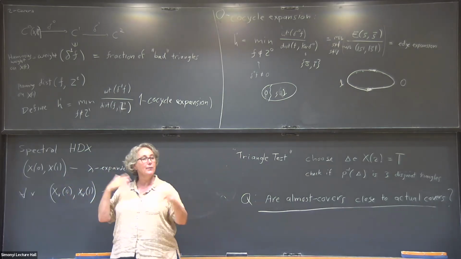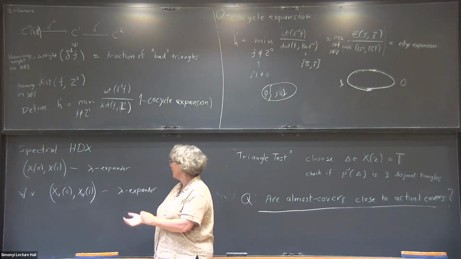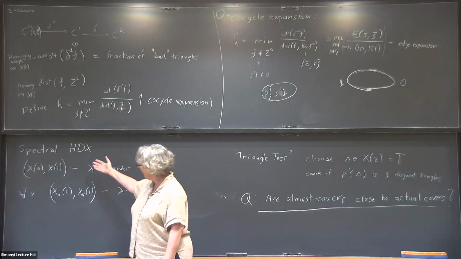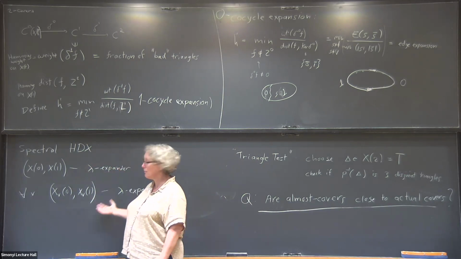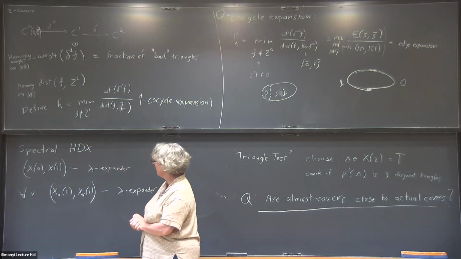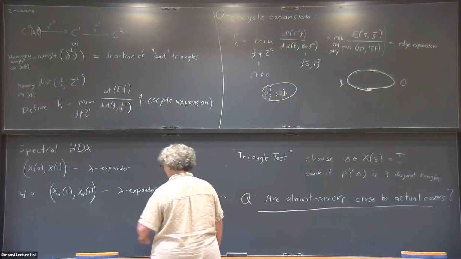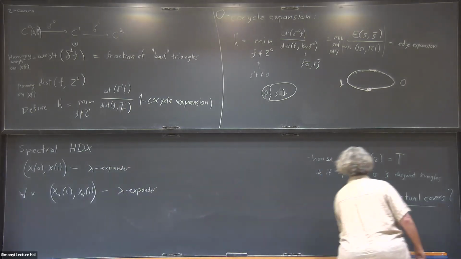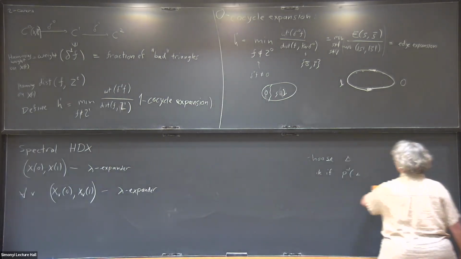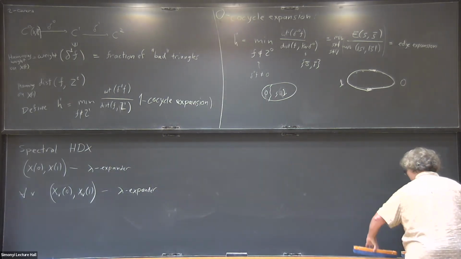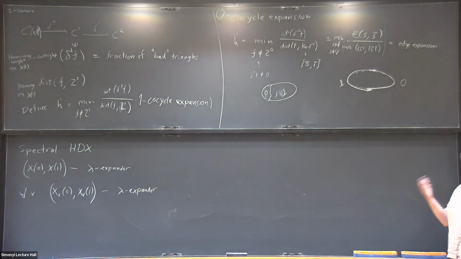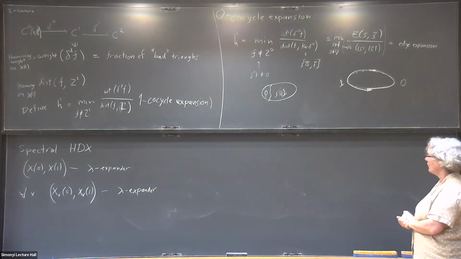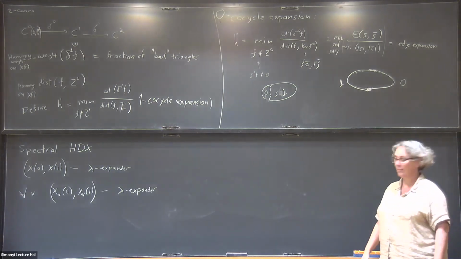And somehow there's a rounding thing that you can do, what we call Cheeger's inequality. So is there a relationship between spectral high dimensional expansion and cocycle high dimensional expansion? There is this nice counterexample that I wanted to show you and to ask whether it can be overcome. I feel like there should be some positive statement relating these two, but here's a counterexample that obstructs such a statement.